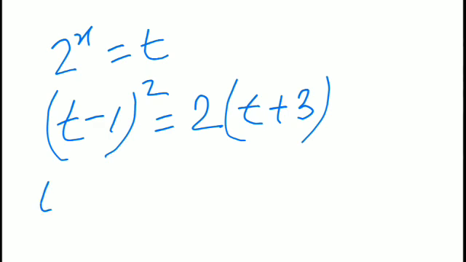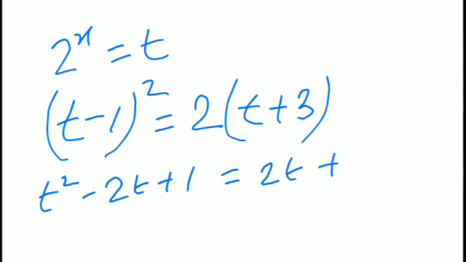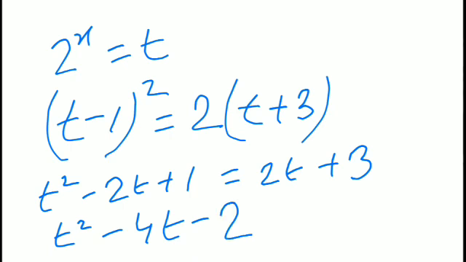Now, if I open this up, t square minus 2t plus 1 will be equal to 2t plus 3, which will be t square minus 4t minus 2. If I bring 3 on this side is equal to 0. Now this is my quadratic equation.